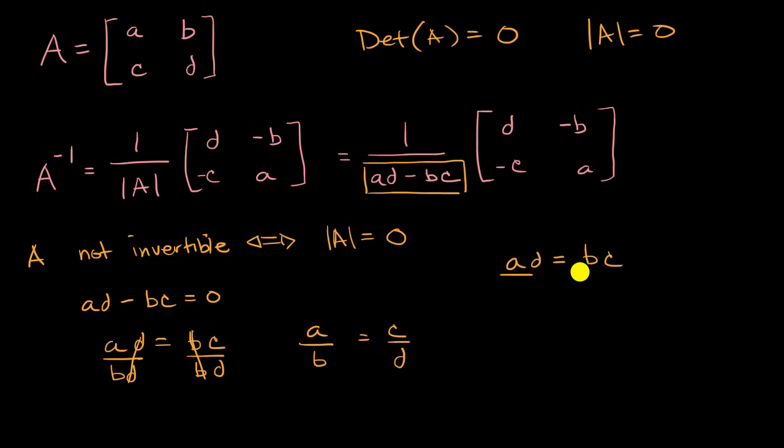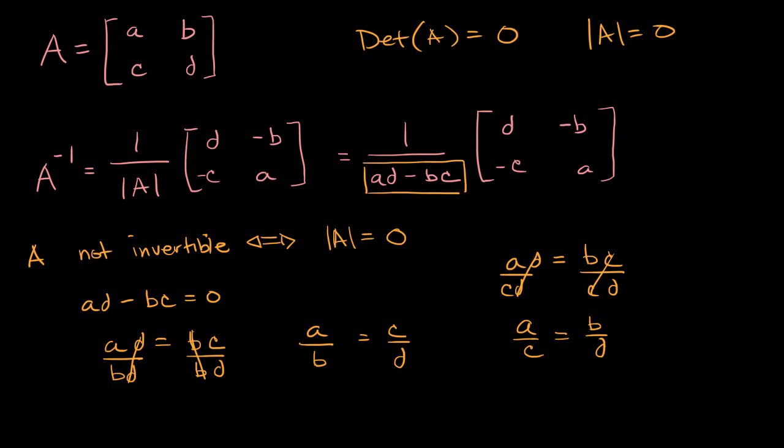If you divide both sides by CD, what you're going to be left with is that A over C is going to be equal to B over D. And so the ratio between A and C is equal to the ratio between B and D. So in all of those situations, you are going to have a non-invertible matrix because the determinant is going to be equal to 0. And so let's look at a few examples.